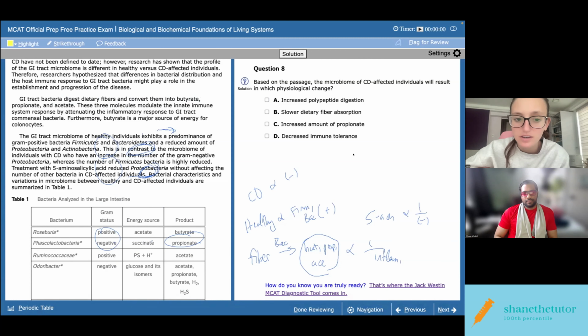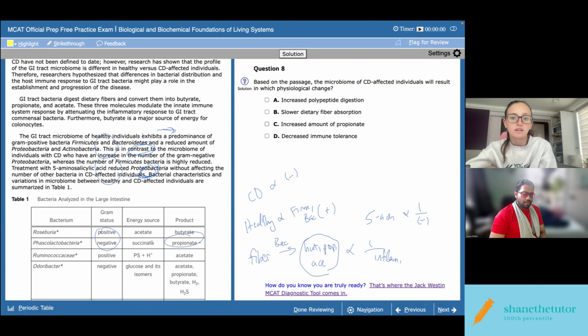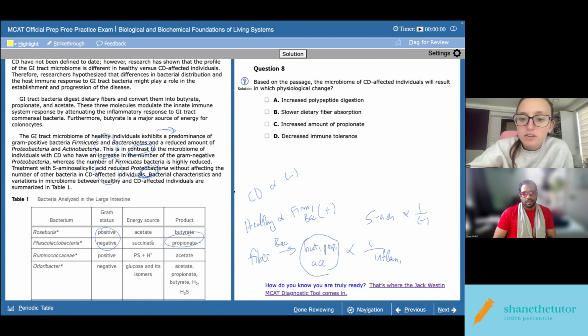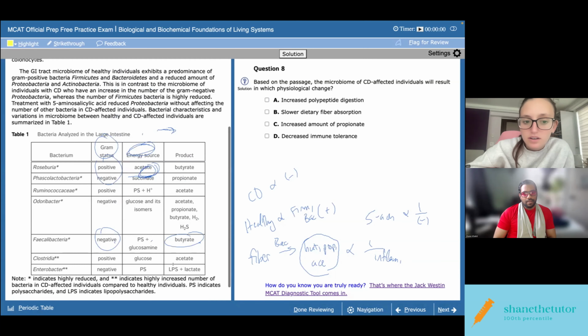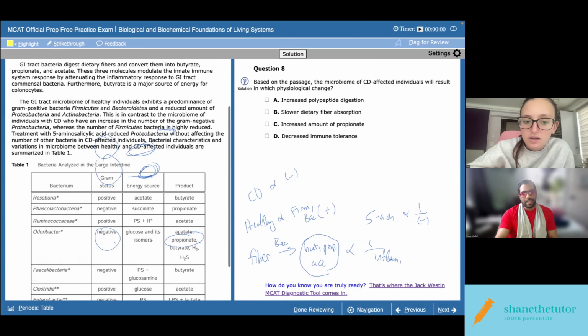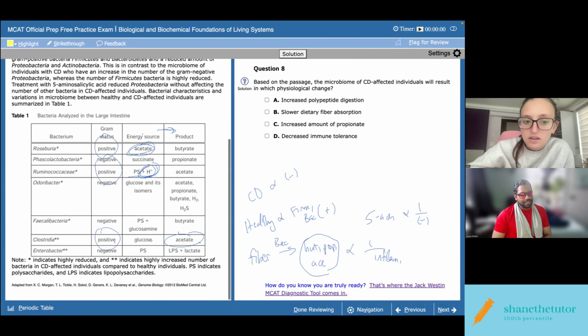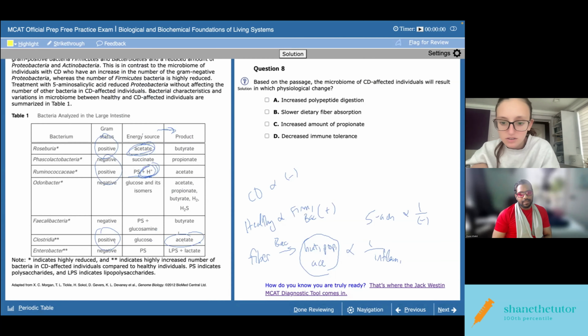Then immune tolerance, I don't think came up anywhere. Maybe. I don't know, question mark on that one. Increased amounts of propionate. I wrote it pretty sloppy on the bottom, I apologize for that, but there is something they mentioned with fiber and somewhat related bacteria.